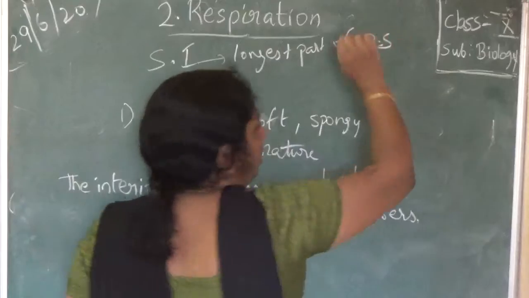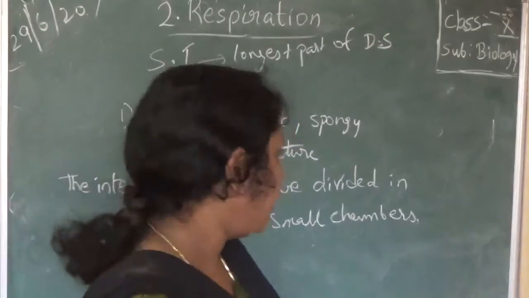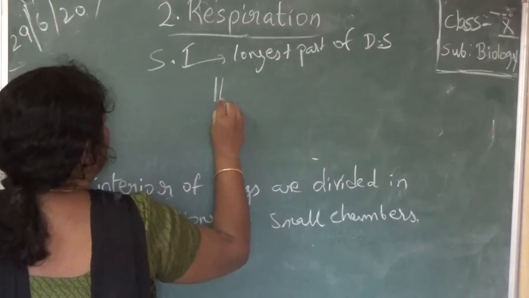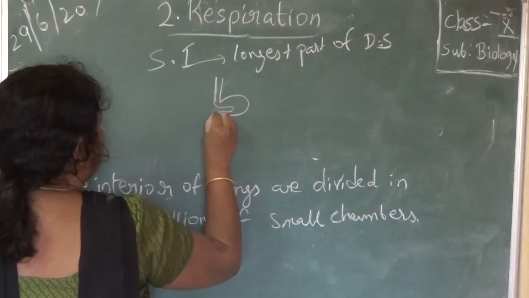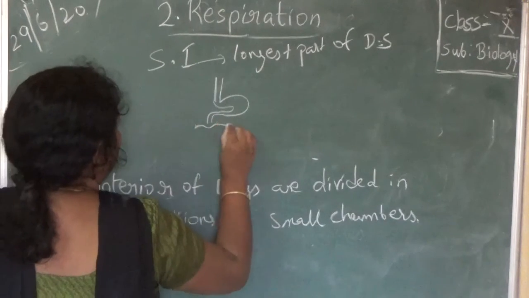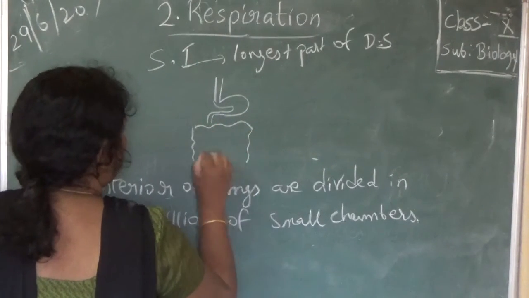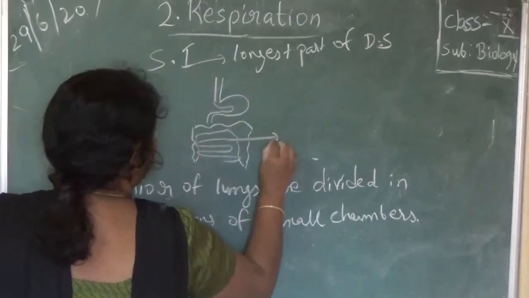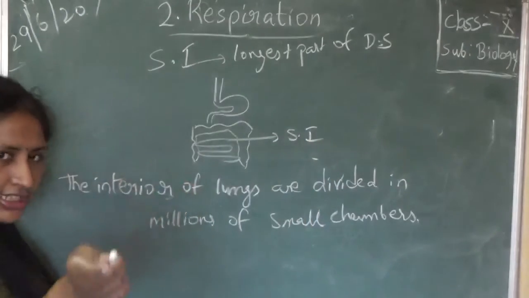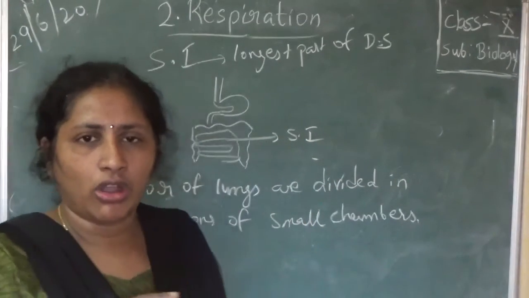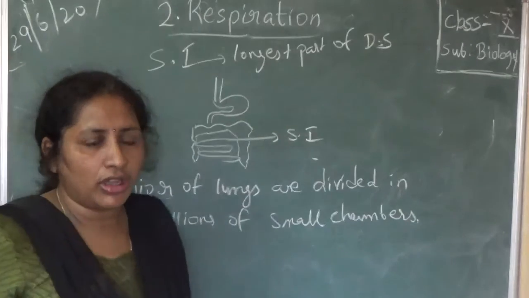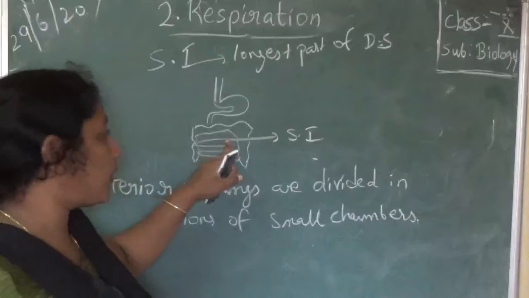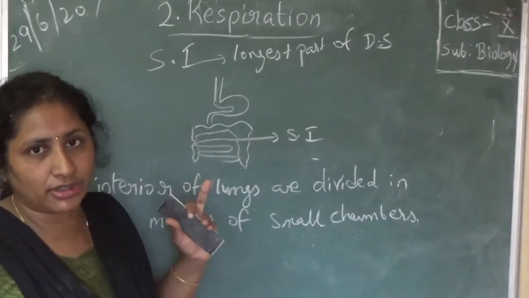If you recall the digestive system, this is our stomach, this is our duodenum, this is our large intestine, and this is our small intestine. Why is the small intestine coiled in the form of a tube? Because there are millions of microvilli present in the small intestine, which help in the absorption of food.